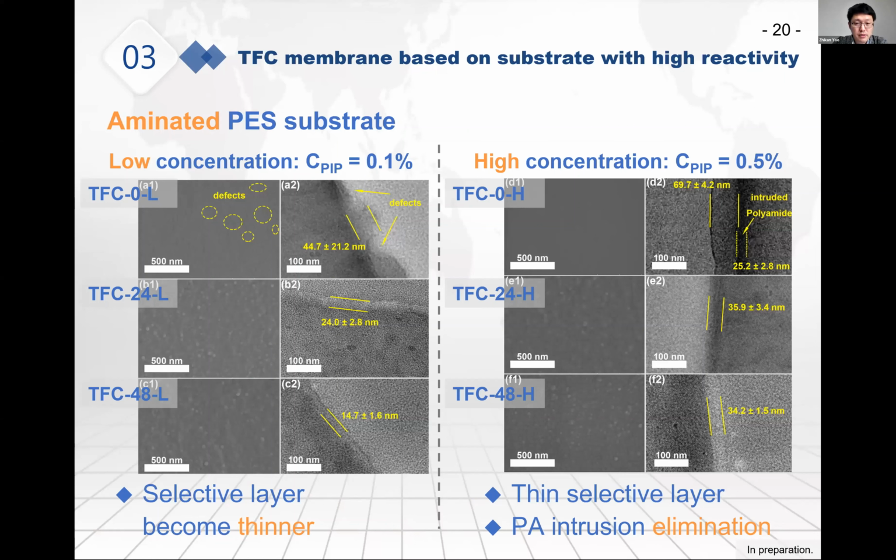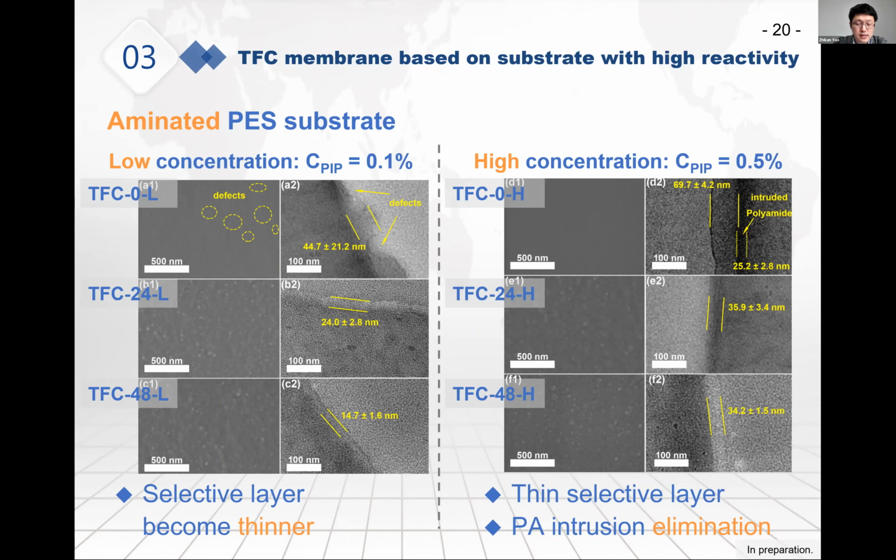In the low PIP concentration condition, a defect-free and much thinner selective layer could be formed, and in the high concentration condition, a thin selective layer without PA intrusion could be formed.